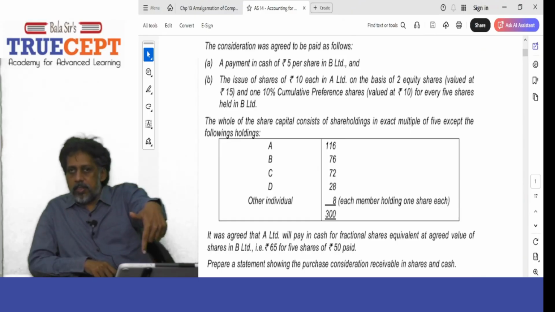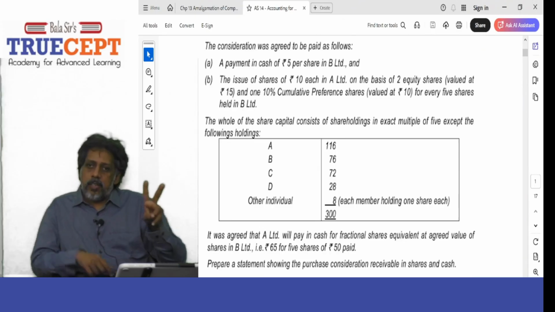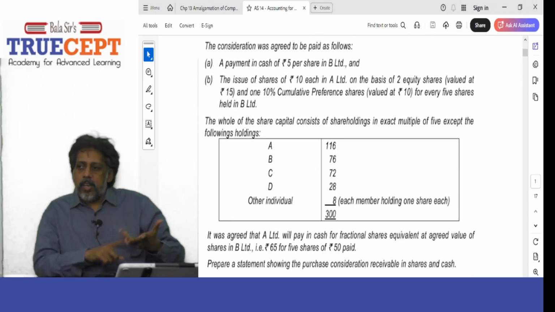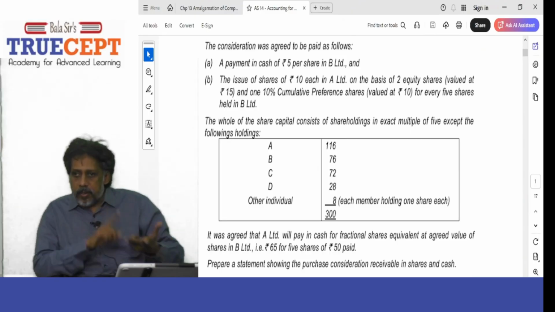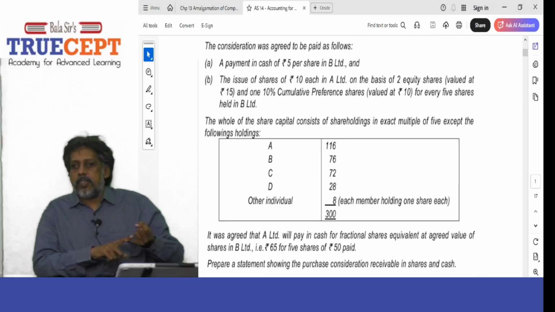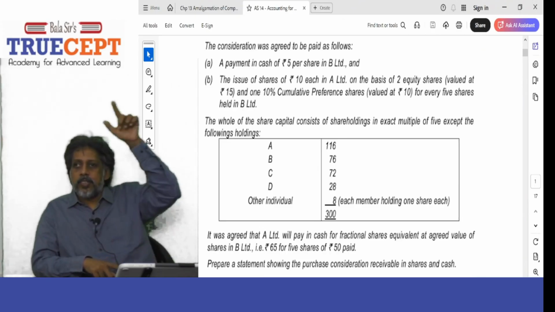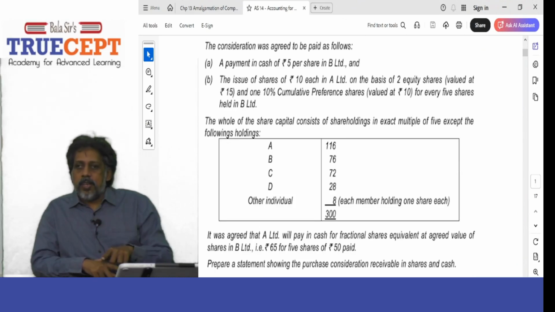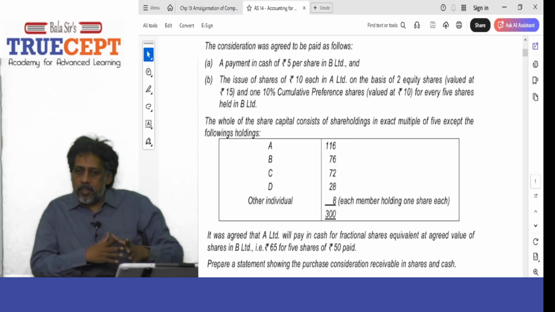The only thing is 2 equity shares and 1 preference share for every 5 shares held. Now comes the twist. People are ready with the calculator: 80,000 shares divided by 5 into 2 gives the number of equity shares to be issued. But that is not the answer. Read further.